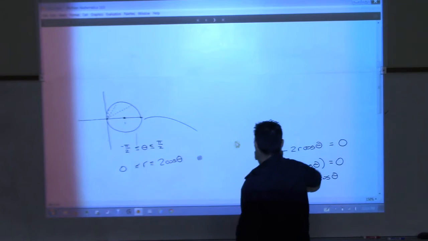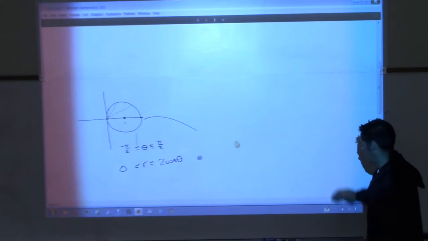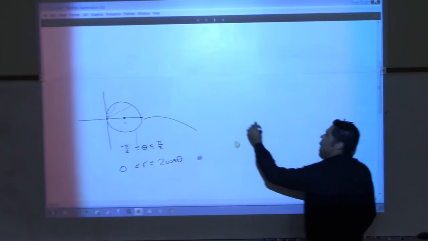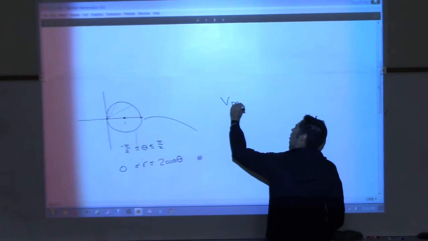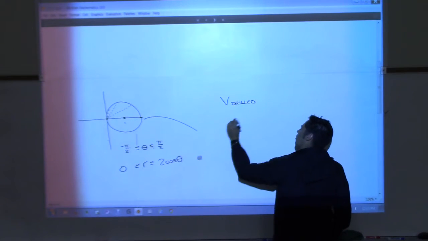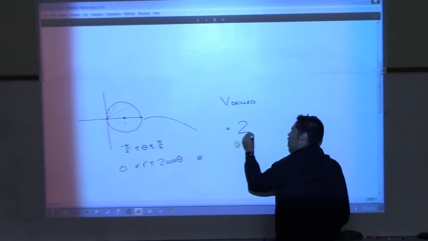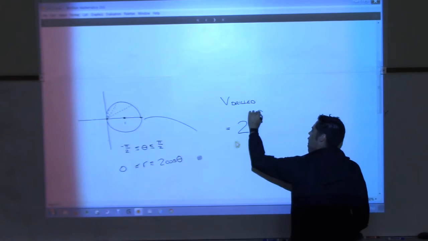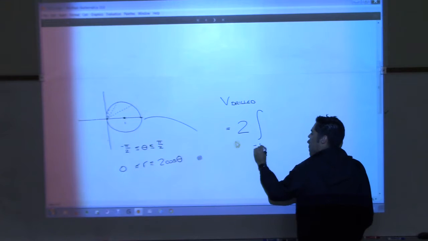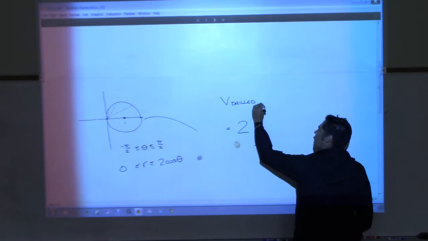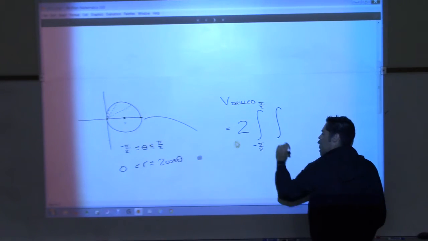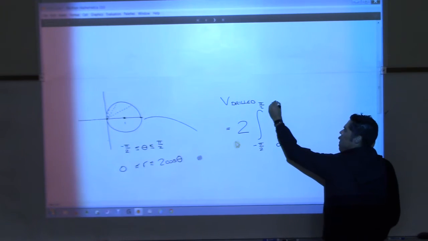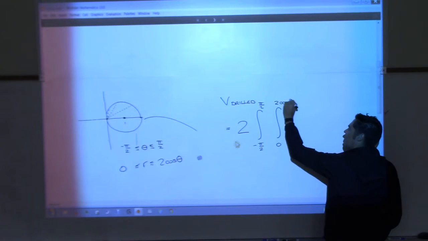All right, I think I'm ready to set this up. The volume of the drilled part will be equal to 2. Remember, we had to double it because we were doing just the top part. Integral from negative pi over 2 to pi over 2, integral from 0 to 2 cosine theta.